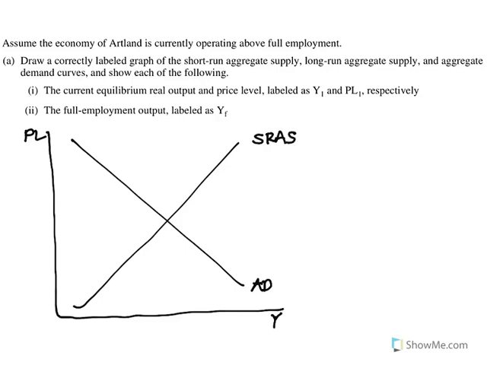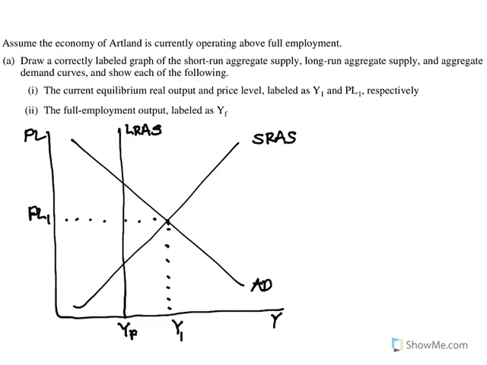And because we are operating above full employment, we have to put LRAS over here to show that we're producing more than we should. So we've got YF, our current level of output Y1, and our current price level at PL1. That is the setup here.